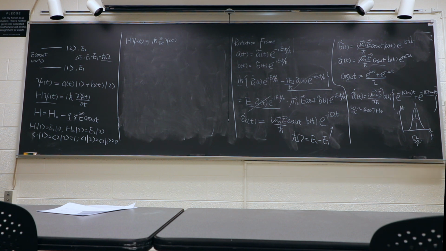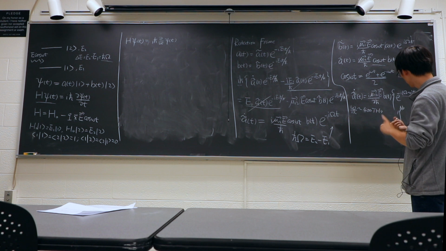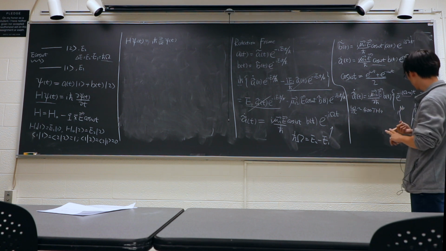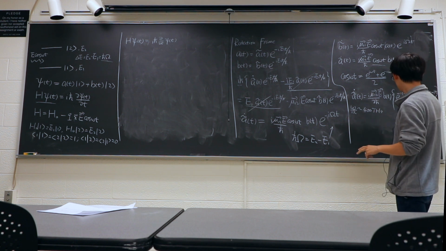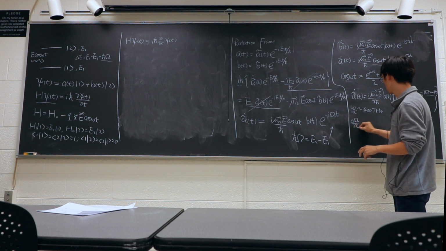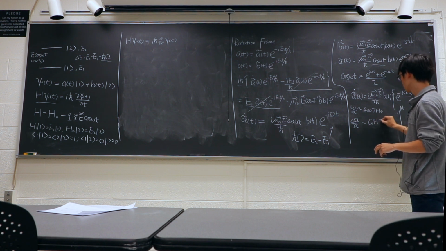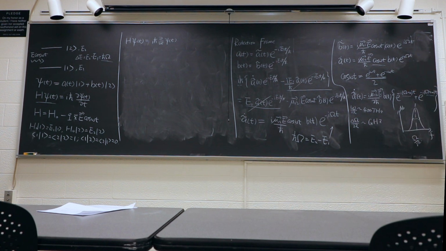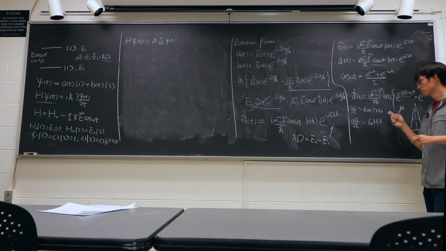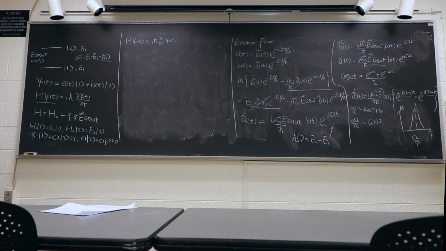If you cool them down, this can be really narrow. So for the regular temperature, regular pressure, this delta, the line width, is about gigahertz. Okay, it's about gigahertz. So there's 5 to 6 orders of magnitude difference here.